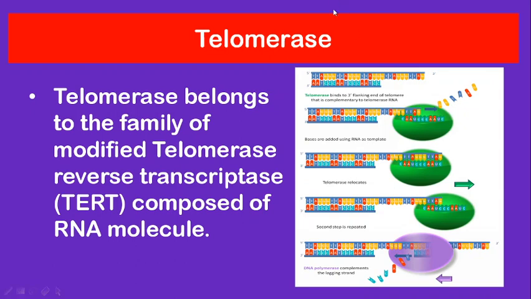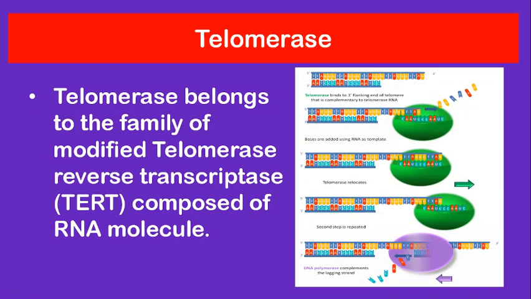At the end of replication, when the RNA primers are removed in the lagging strand and replaced by DNA, the gaps are closed by DNA ligase. However, 8 to 12 bases at the end of the lagging strand template cannot be synthesized because of the removal of this primer.